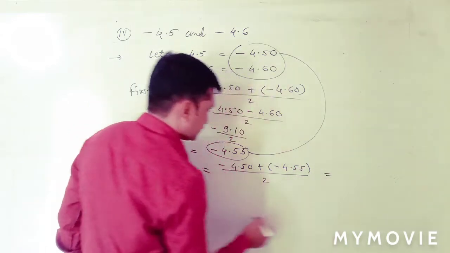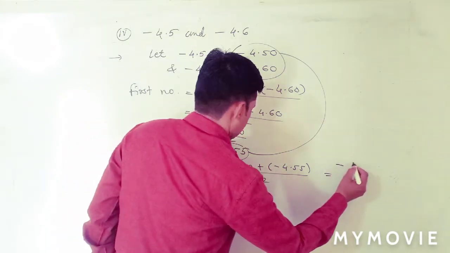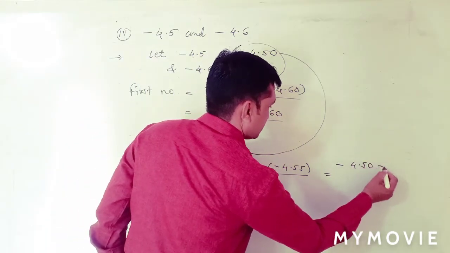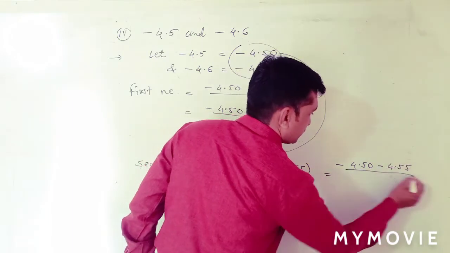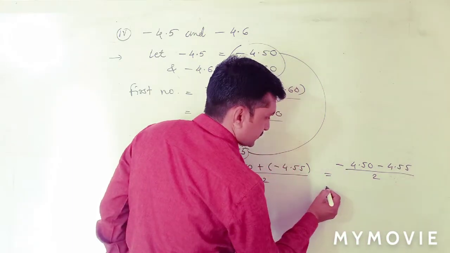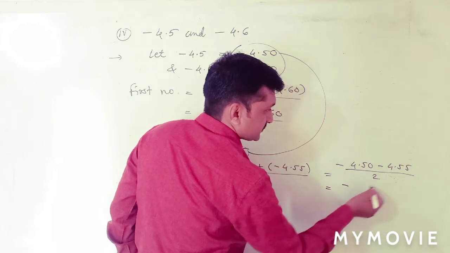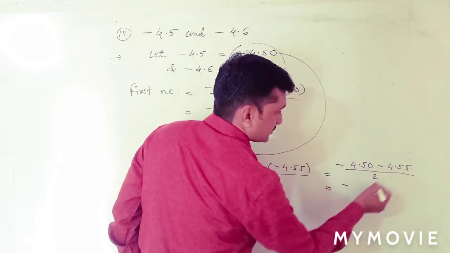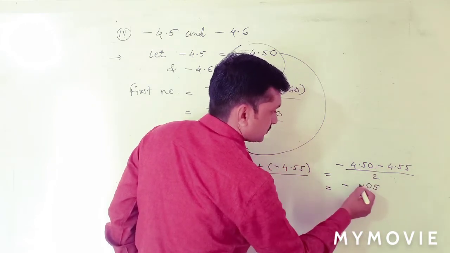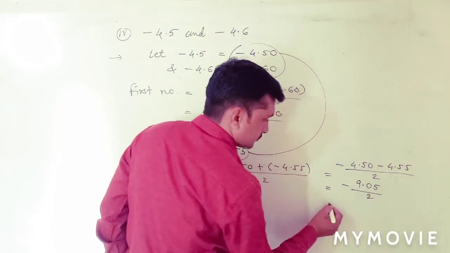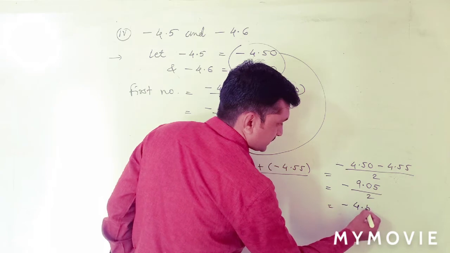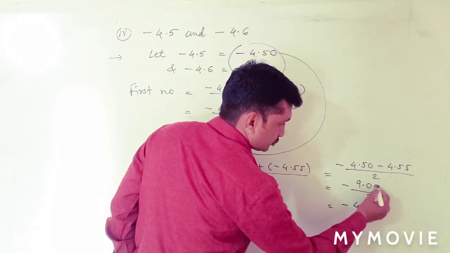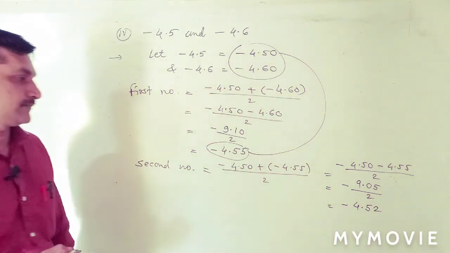Here I continue, is equal to minus 4.50 plus minus 4.55 divided by 2 is equal to minus 9.05 divided by 2, minus 2 4s are 8, 2 5s are 10, 2 2s are 4, 52.